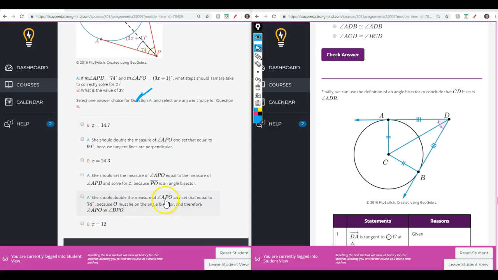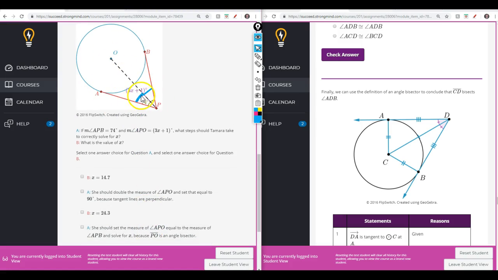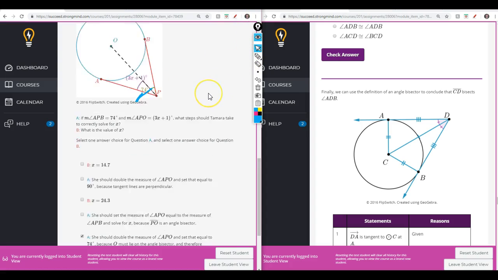So she should double the measure of angle APO and set that equal to 74 degrees because O must lie on the angle bisector and therefore angle APO is congruent to angle APB. That is correct because angle APO is only half of our much larger angle. So that's why they're saying to double it. If I double it, then I would be equal to this much larger angle.